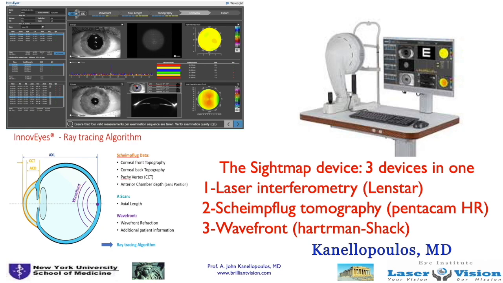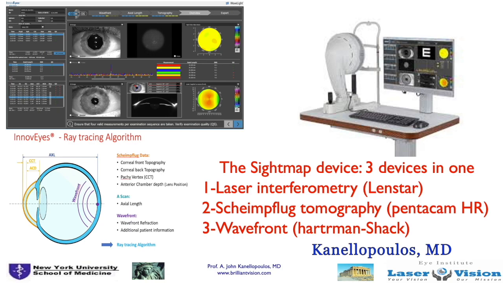And here is the device called SightMap. It's basically an Oculus axial length Pentacam HR wavefront device, which is configured by the Alcon Wavelight team to collect these three measurements from each eye of each patient: interferometry data, Scheimpflug tomography, Pentacam HR, and wavefront data using the Hartmann-Shack concept.